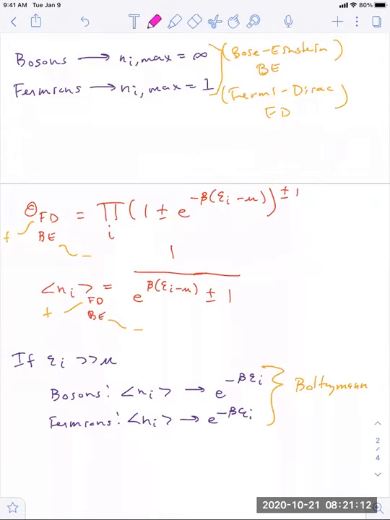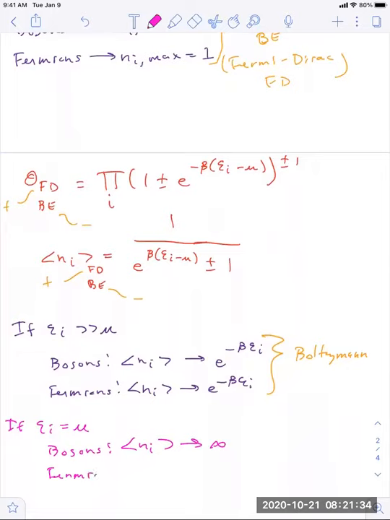Now, in the opposite limiting case, if the energy is equal to the chemical potential, then for bosons we get what's called a Bose-Einstein condensate. The occupation of that energy level just goes to infinity. So none of the bosons are exploring higher energy states.